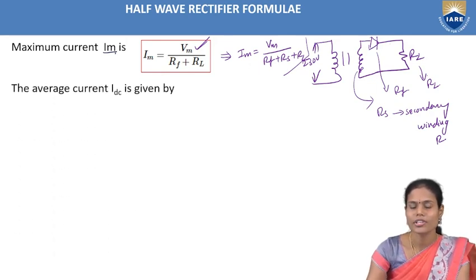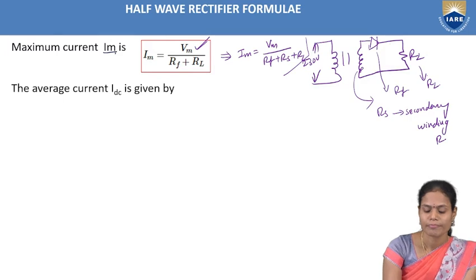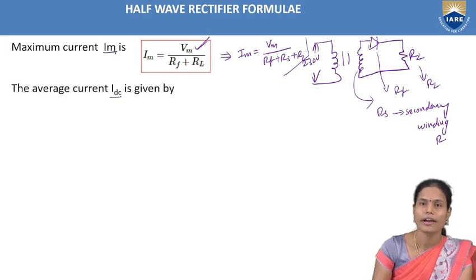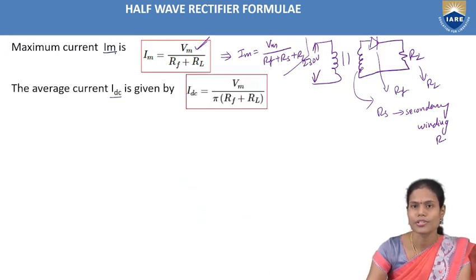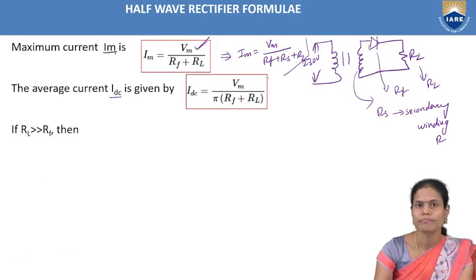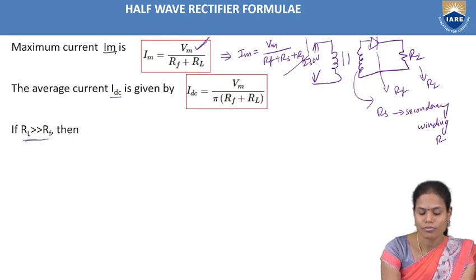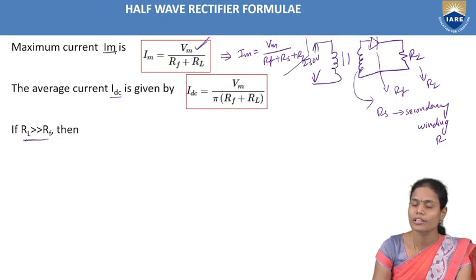And next, the average or DC current we will represent with IDC. That value is IDC equal to Vm by pi into RF plus RL. In this case, suppose RL is far greater than RF, definitely the load resistance value is very high compared to the forward resistance of the diode.